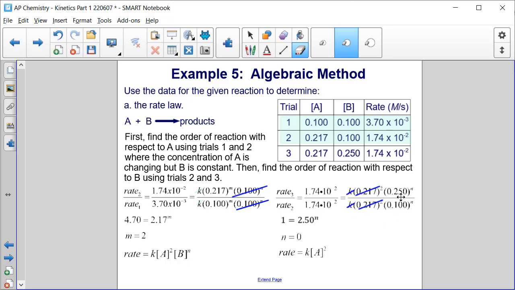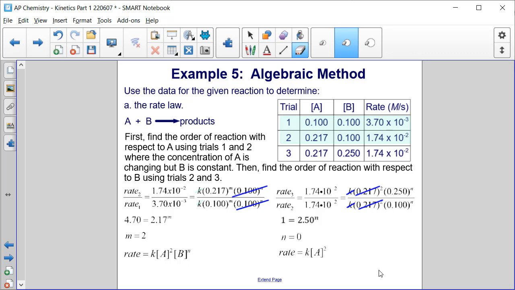Now 0.250 divided by 0.100 is 2.5 to the N power. Now, 2.50 raised to what power is equal to 1? Any number raised to the 0 power is equal to 1. So N is equal to 0.